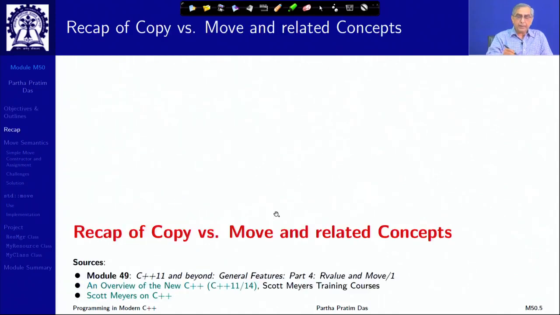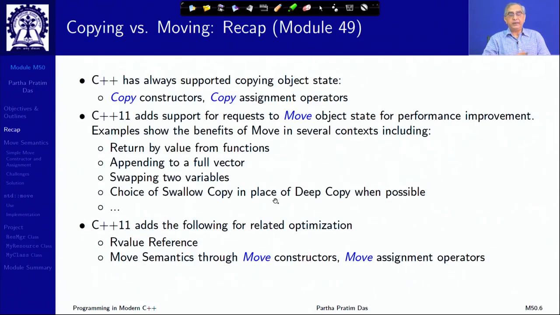Let us quickly recap the copy versus move and related concepts that we did in the last module, because we will heavily use them in this. Recall that C++ has supported copying of object states through copy constructor and copy assignment operator, whereas C++11 adds the support to request moving objects for performance improvement.